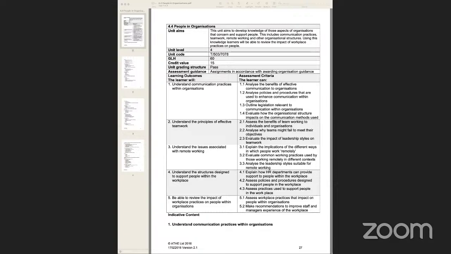This unit will cover things like communication practices. We will look at communication models. There are bits and pieces which are not directly related to this particular unit, but at some stage I would also share with you some backup slides.